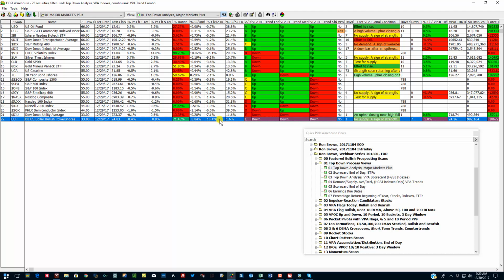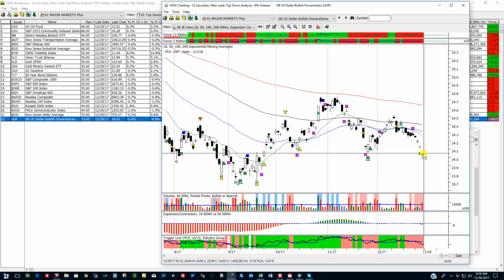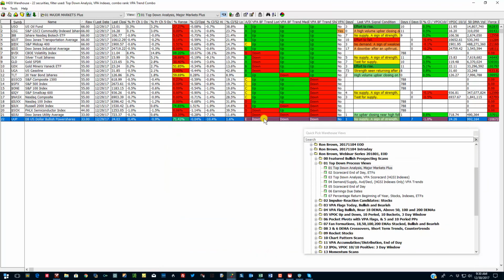Distribution is E, and over the past 5 days this ETF has been weak, down 0.9%. So if I bring up this chart, you can see that the dollar has been in trouble. That's something we all know. And you look at the trends here as I move this down to the last day, all these trends are down, which corresponds with what we see in the warehouse view.